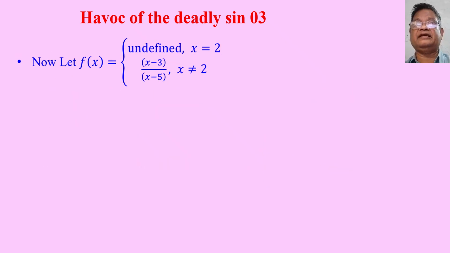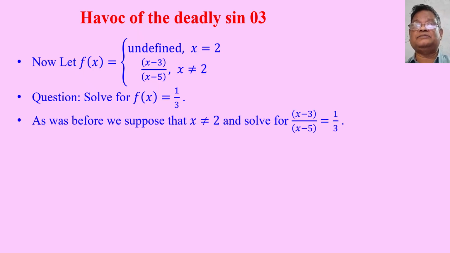Having taken f(x) to be (x minus 3) divided by (x minus 5) when x is not equal to 2 and treating it as undefined when x equals 2, the question is the solution of f(x) equals 1/3. As before, we suppose that x is not equal to 2 and solve for (x minus 3) divided by (x minus 5) equal to 1/3.